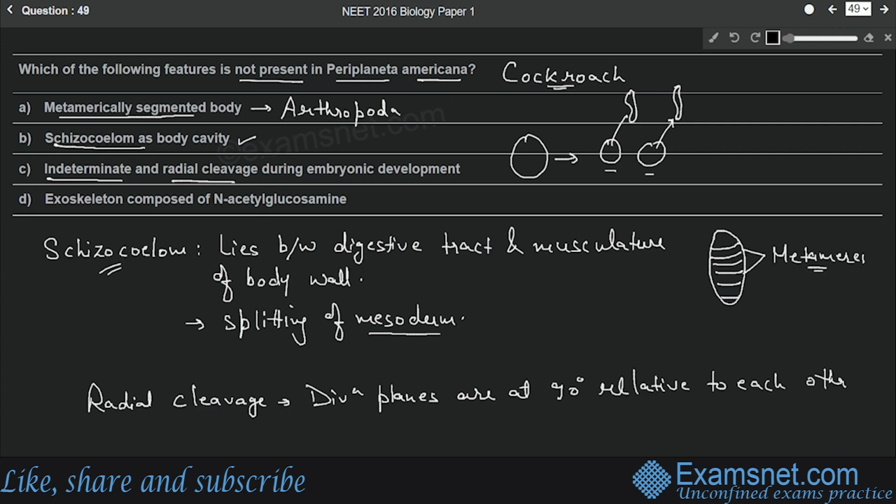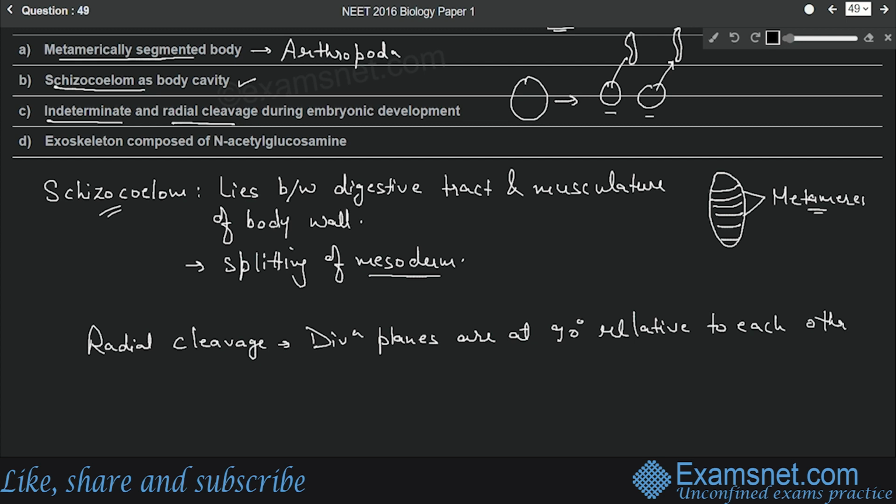Now 90-degree relative to each other means that suppose this is the egg, right? Now first it is divided like this horizontally. So these will be two different cells formed, right? Now next division will be 90-degree as compared to this initial division. That means it will be like this, the next division. Okay, so these will be divided like this.